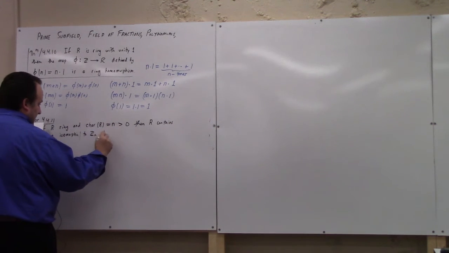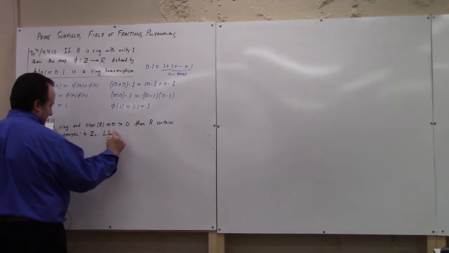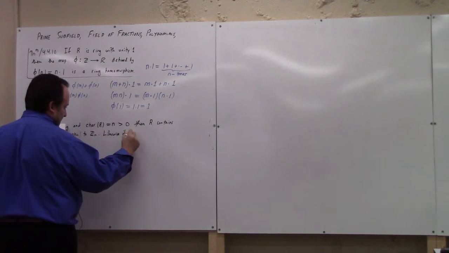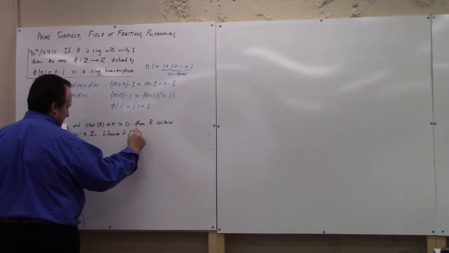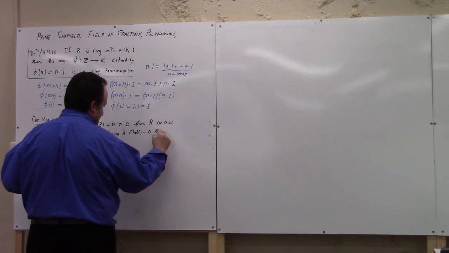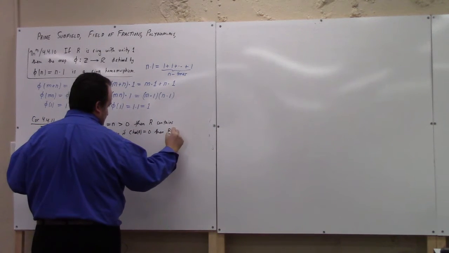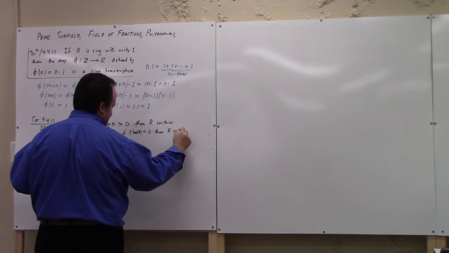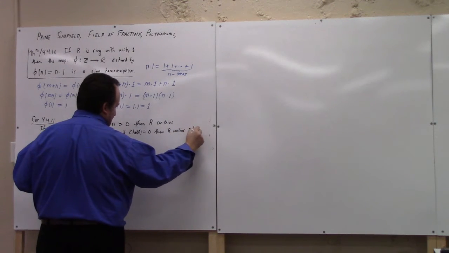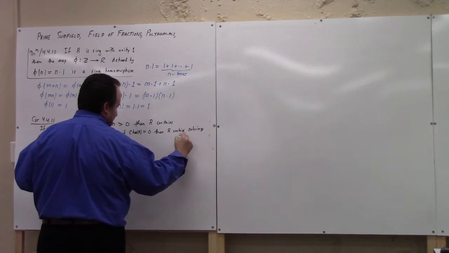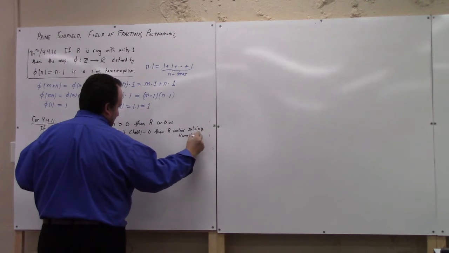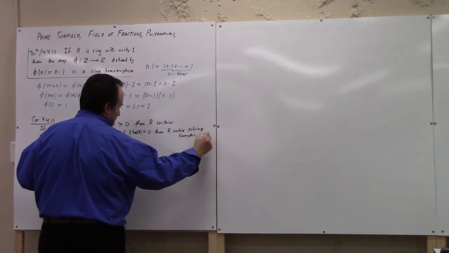And likewise, if the characteristic of the ring is 0, then R contains a subring isomorphic to the integers.